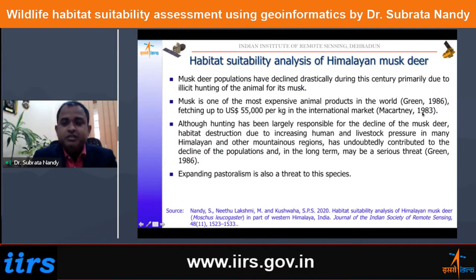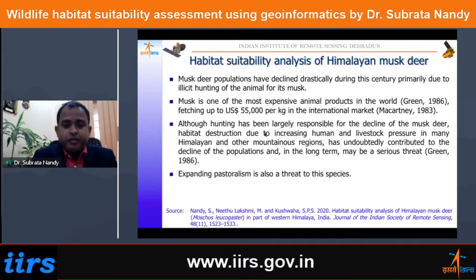This is a very old reference, and I don't know the present value, but anyway, these animals are killed because of this musk. Hunting is responsible for the decline of musk deer. In addition to that, habitat destruction is also one of the reasons for habitat shrinkage, which affects the habitat of the species.